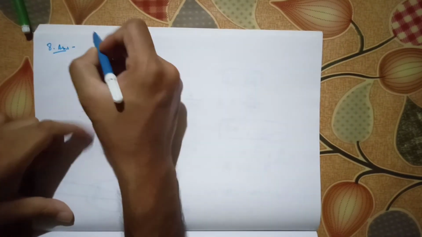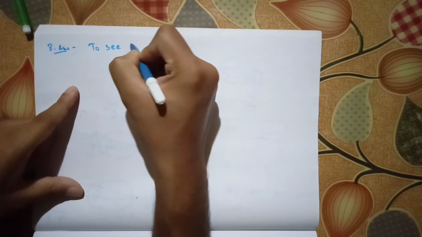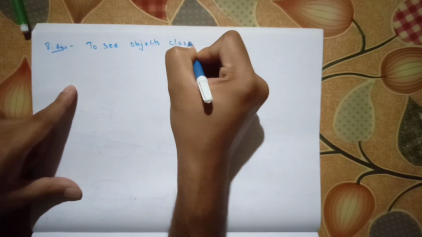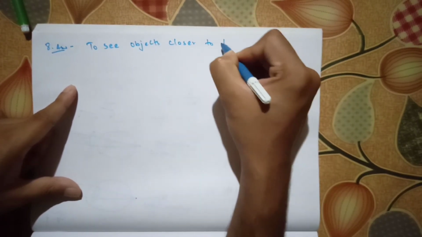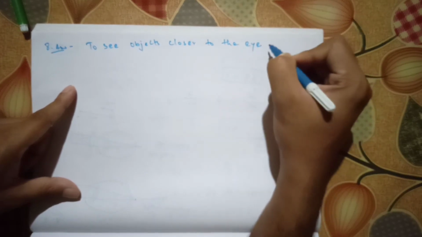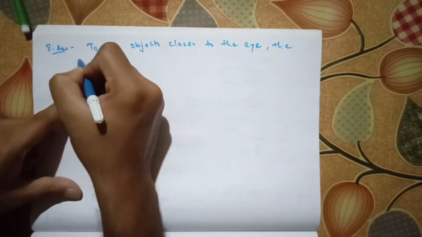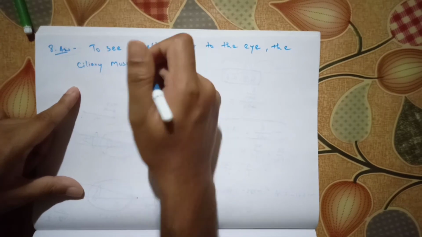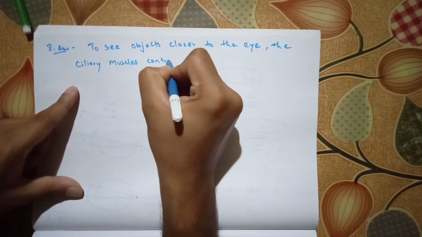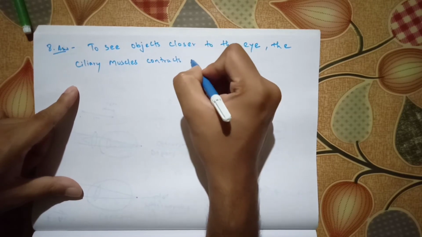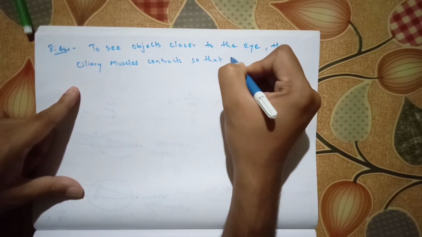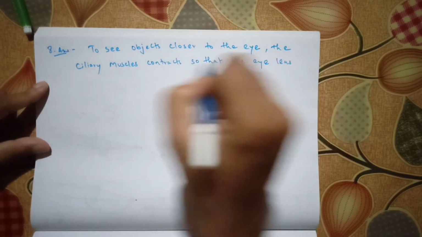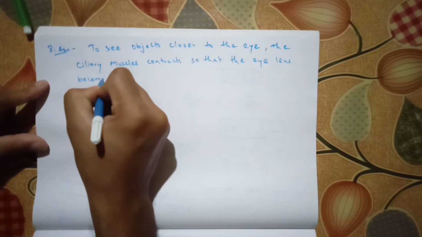So what will be the answer? To see objects closer to the eye, the ciliary muscles contract so that the eye lens becomes thicker.